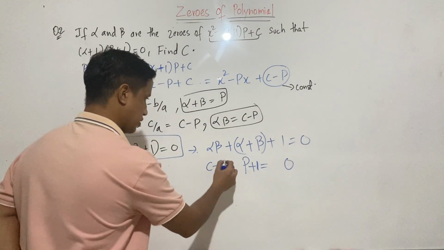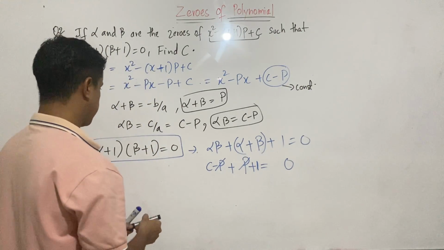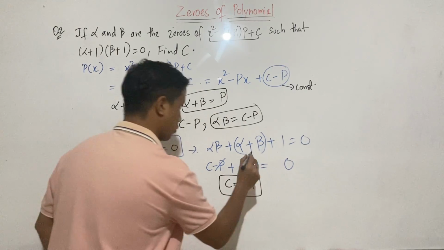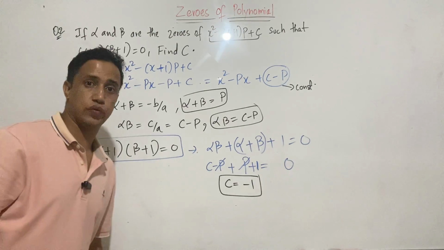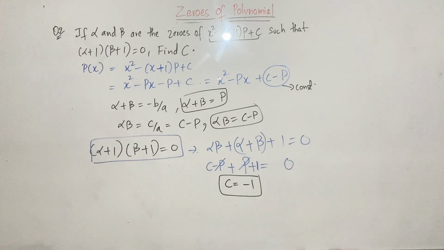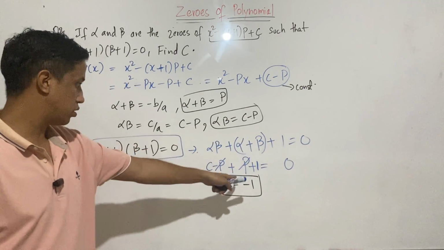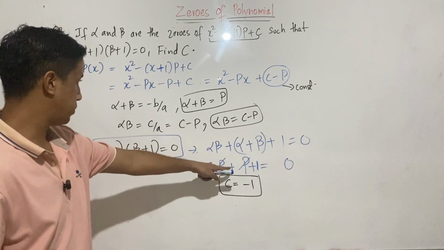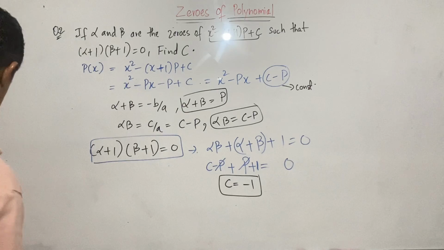So this is minus p, so the value of c is going to be minus 1. I hope you understood, right? Alpha beta plus 1, yes, alpha beta c minus p plus p, yes, it's correct. C is minus 1.